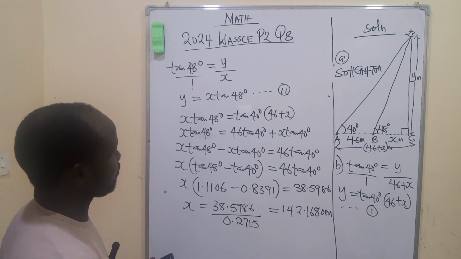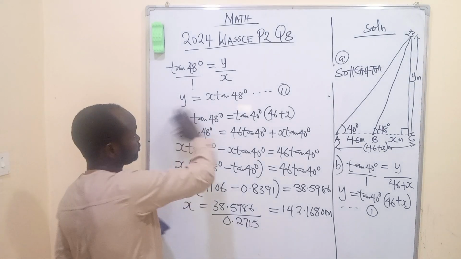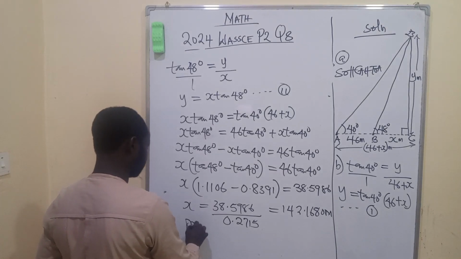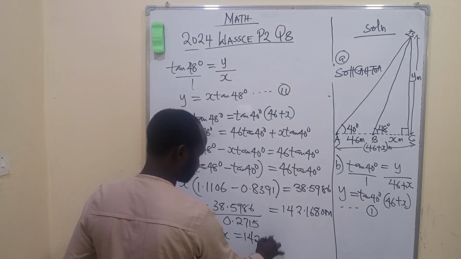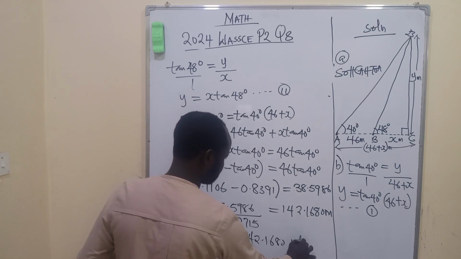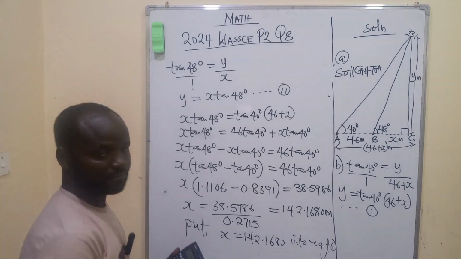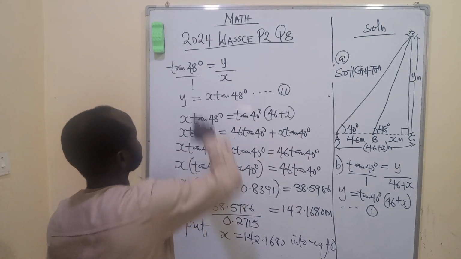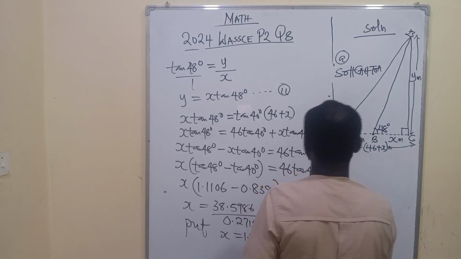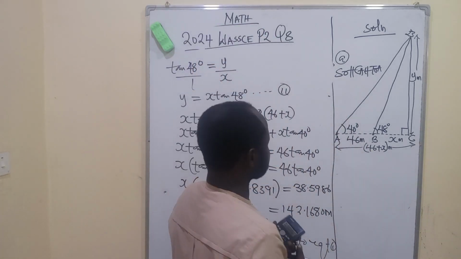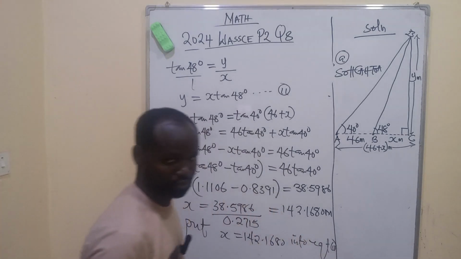So to find y now, we can substitute the value of x in one of the equations. Let's say equation 2. So put x equals 142.168 into equation 2.